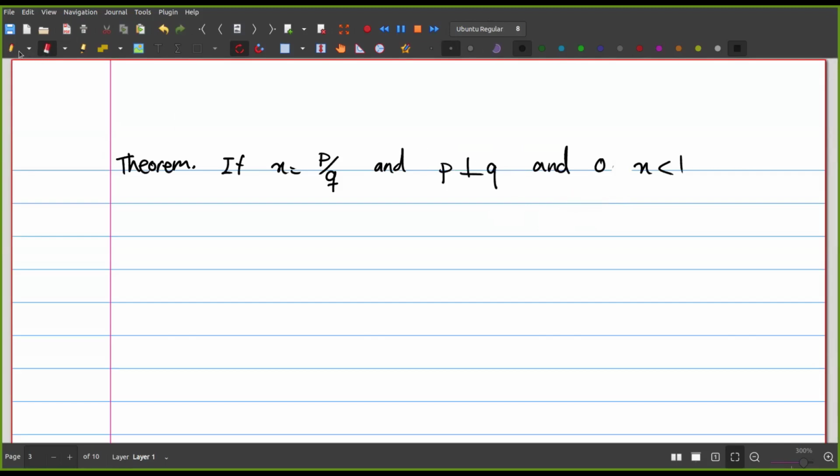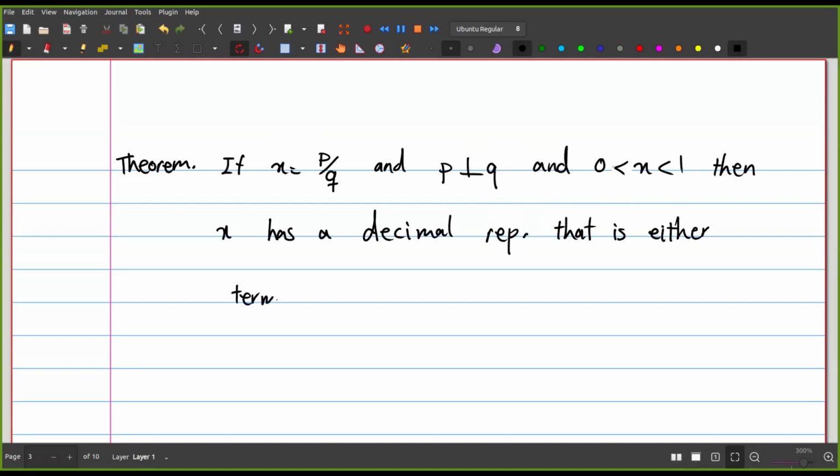So if I have this, then x has a decimal representation or a decimal expansion that is either terminating or repeating or mixed. And again, when I say mixed, I mean a mix of terminating and repeating.